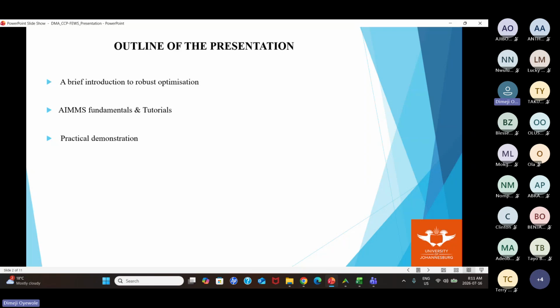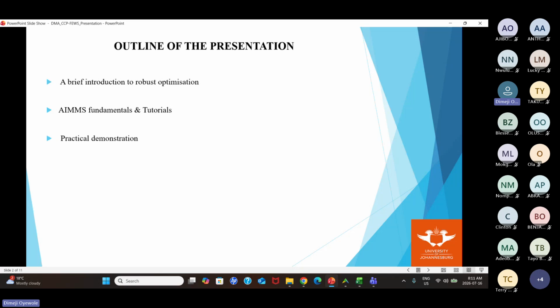Now, the advantage that MATLAB, C++, Python, and the rest have is that you have flexibility in your coding, right? But you also have a lot of work to do.